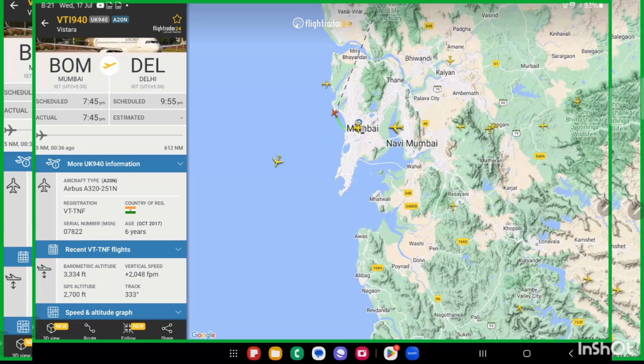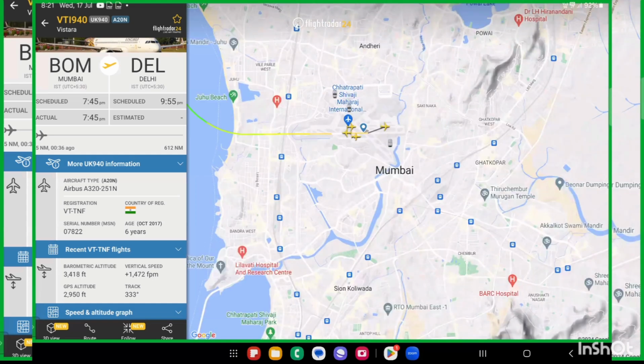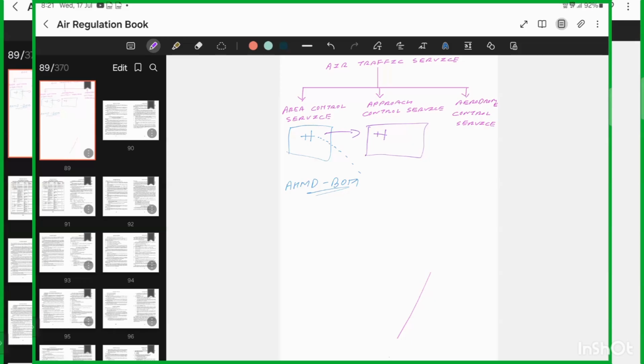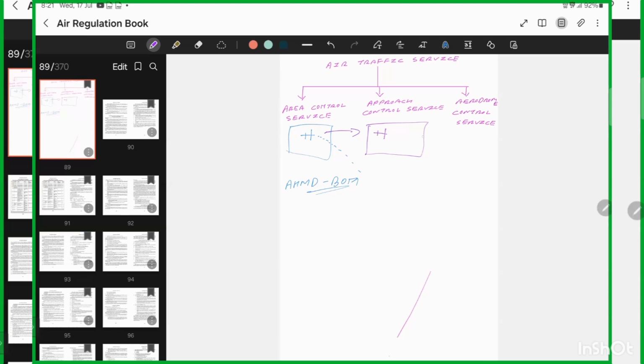Now, the main part, the landing and takeoff part, is done by the aerodrome control service. Approach control service will control the aircraft if it is coming in for landing, up to a certain altitude, around 2,000 feet. After that, he will change over to the tower. The tower comes under the aerodrome control service.